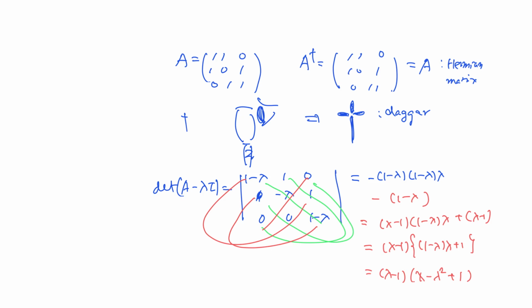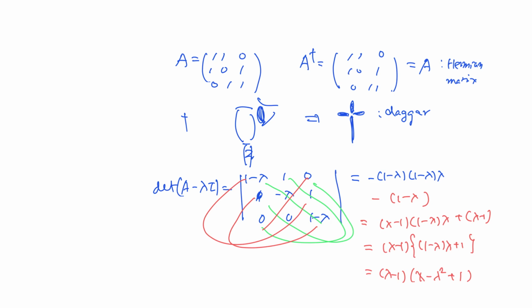Something is odd. It must be 2 minus lambda.